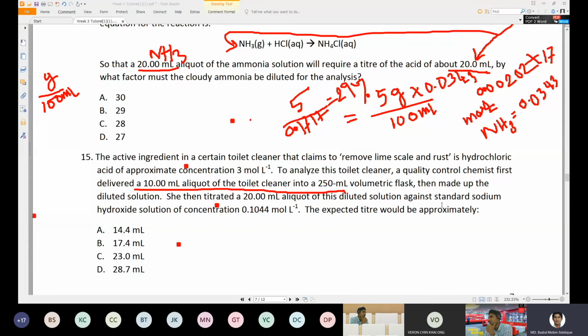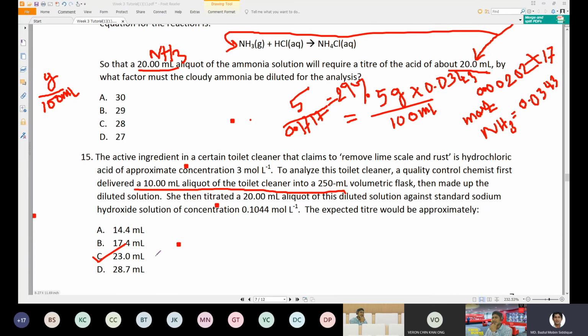So the volume of the sodium hydroxide needed to neutralize this is N over C, because N equals C into V, right? So if we want to know the volume, it will be N over C, and from there we can find it is 23 milliliter.